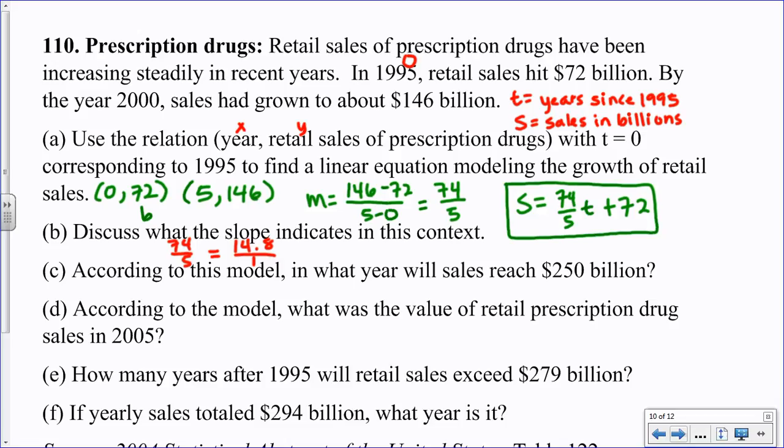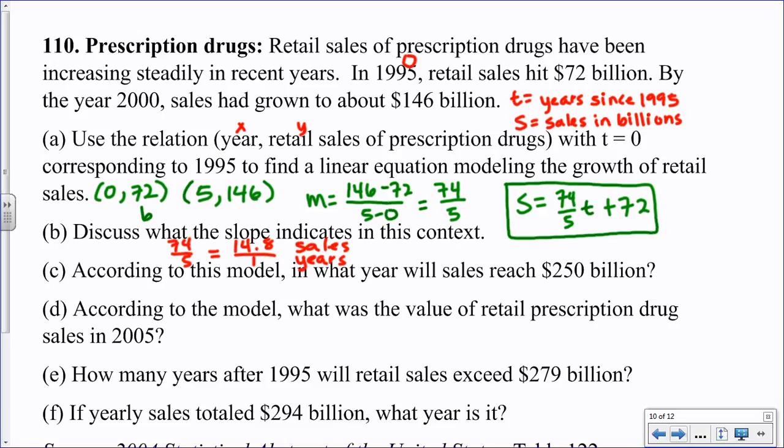The 74 was the change in y. What does the y variable represent? Sales. And then the 5 is on the bottom. What does the x variable represent? Years. So really, I can say that my sales are increasing, because it's positive, $14.8 billion per 1 year.